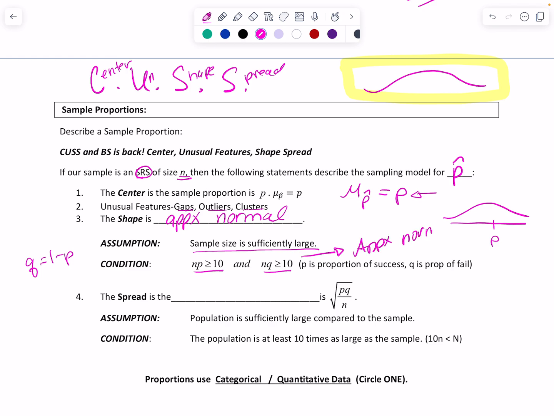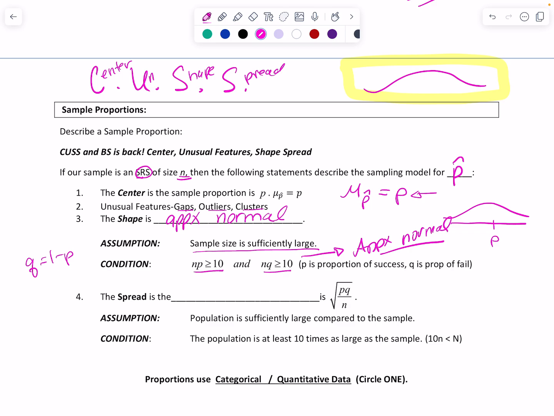I got the ones mixed up, I apologize. This is the one we learned earlier: with binomial, with NP and NQ, we could approximate our binomial with a normal. And this is why we are able to continue.